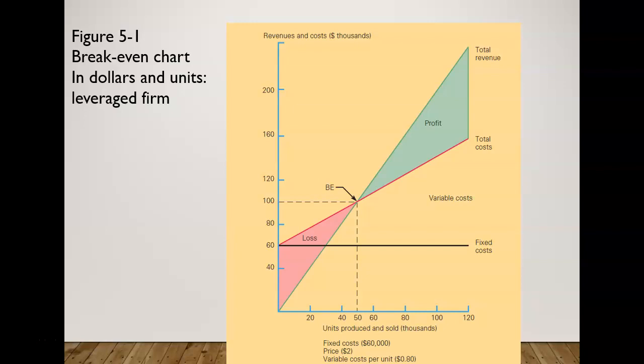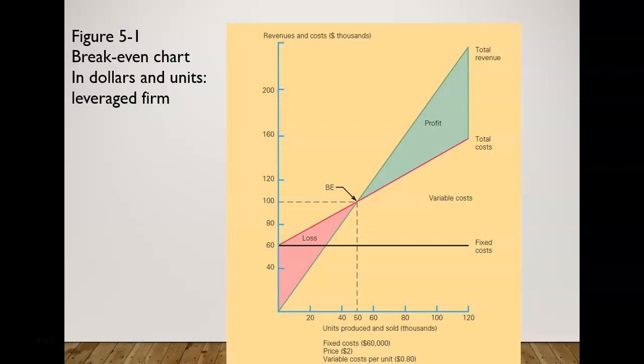So, interestingly, in this graph, our example shows that fixed costs represent $60,000, and our total cost starts at $60,000 and grows up, as you can see from the red line that shows our total cost line.